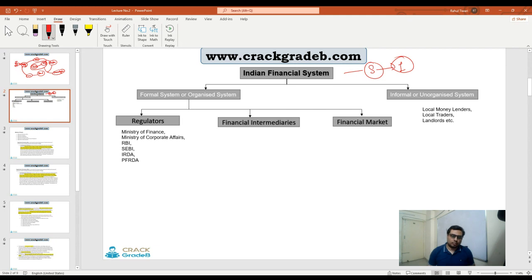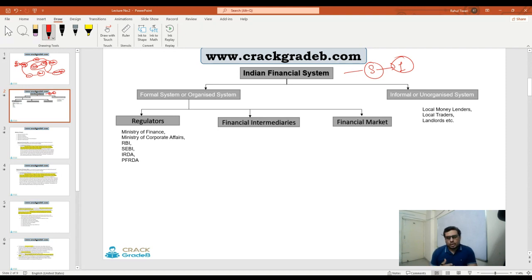They are based on just verbal trust. There is no proper law for that lending or depositing. It happens only on the basis of verbal promises and verbal agreements, so it comes under the category of the informal system.